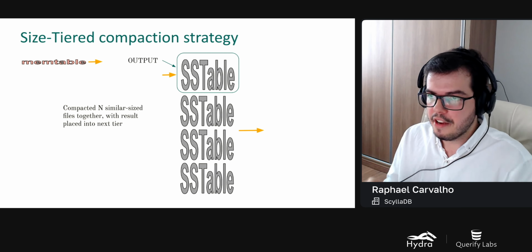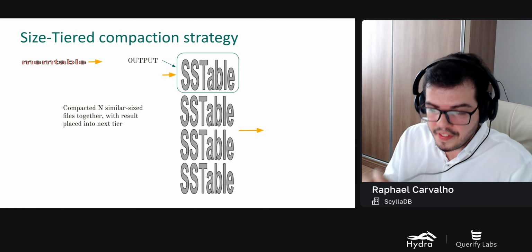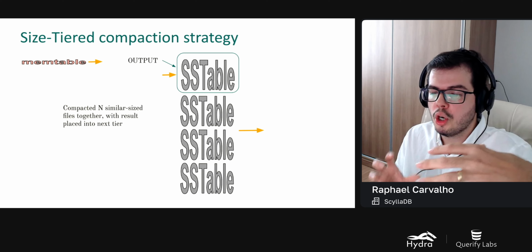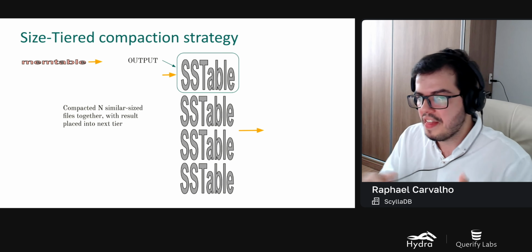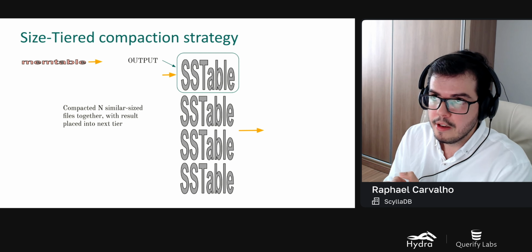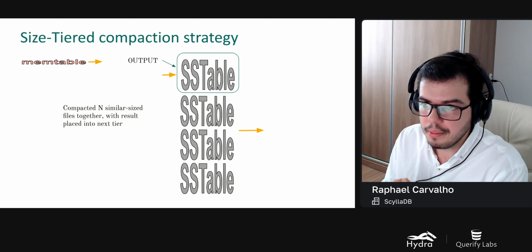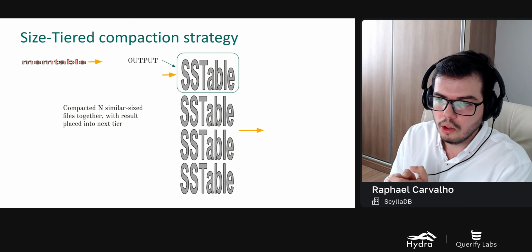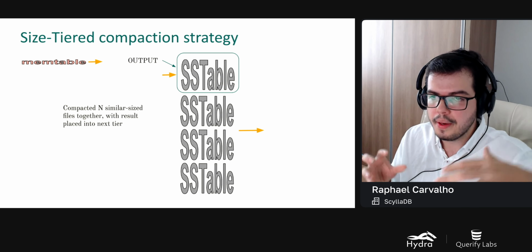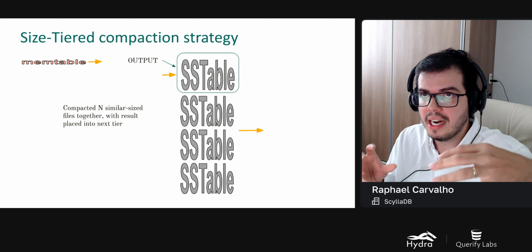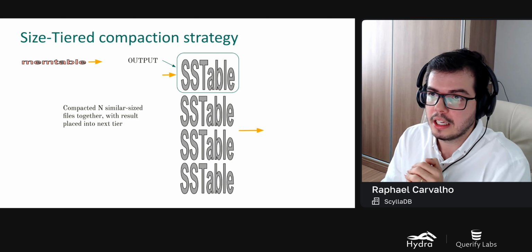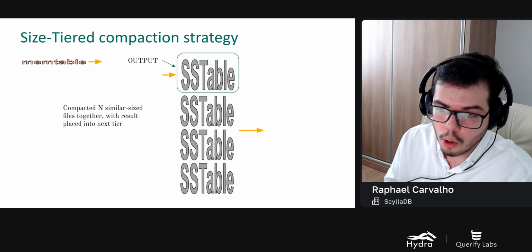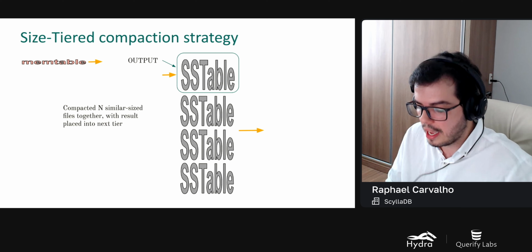If the workload is not overwrite intensive, the output is going to be the combination of the data from the input files. And we are going to place the output into the next tier, because a tier only has similar sized files. So the tiered algorithm is going to place similar sized files into buckets. And when a bucket has accumulated 4 files by default, we are going to compact these files together.